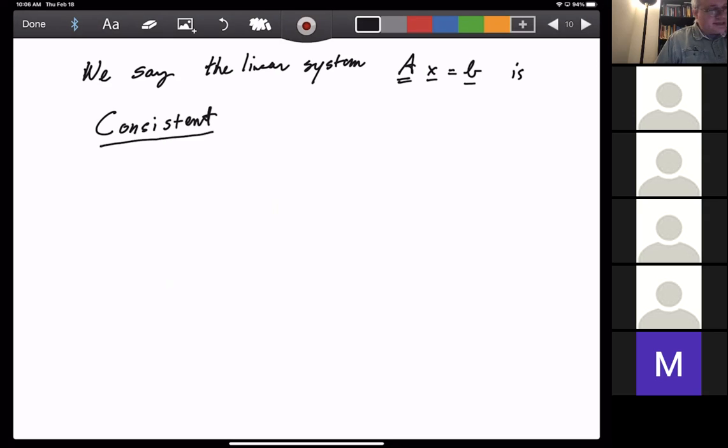You say our system is consistent if it has a solution, by which we mean it has at least one solution.